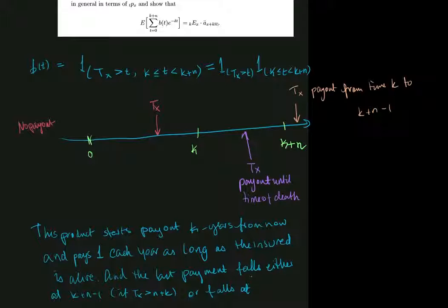So it falls at the beginning of the year of death. So in short, it means k years with no payout, and then payout each year until death or until expiry.